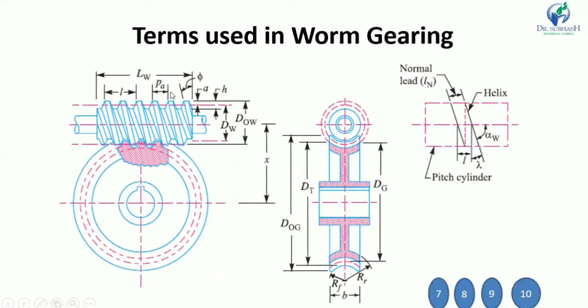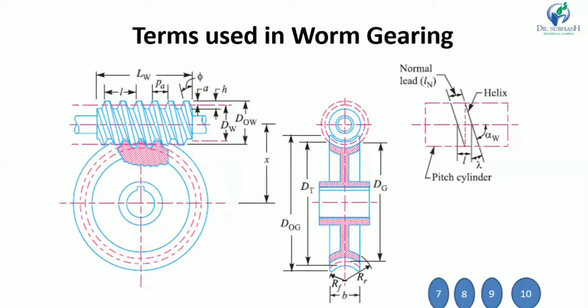Now what is the meaning of the axial pitch? It is the distance measured axially, or parallel to the axis of the worm, from a point on one thread to the corresponding point on the adjacent thread of the worm.